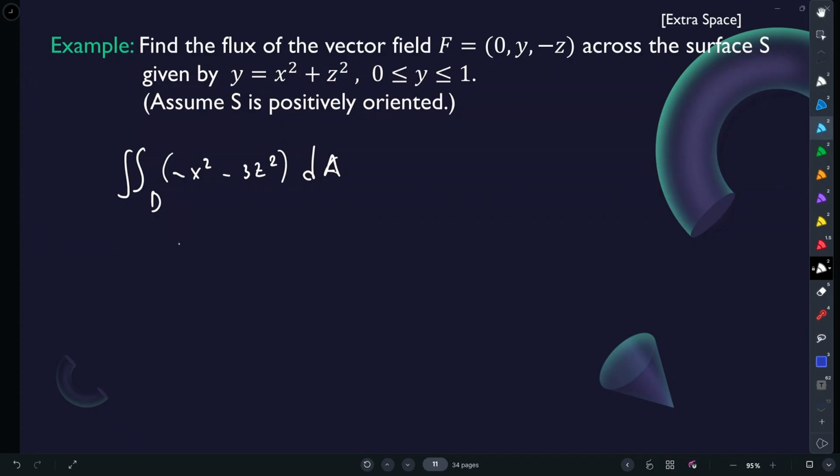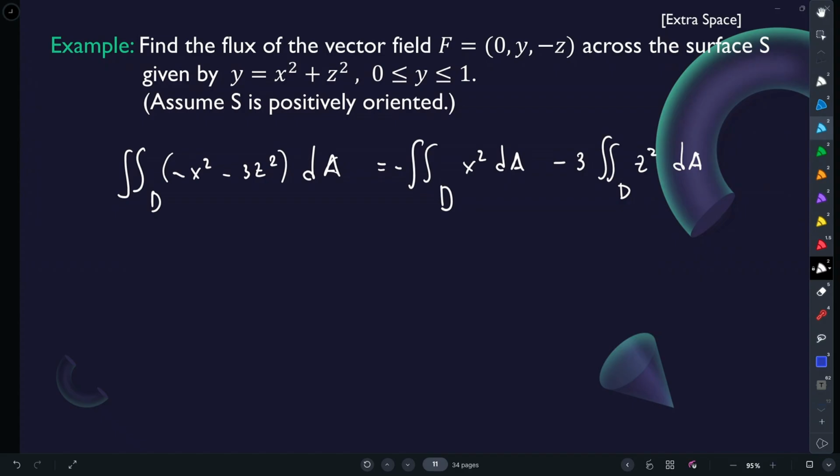I'm going to break this as an integral in D, first with a minus there, of x squared dArea, and minus 3 times an integral in D of z squared dArea.